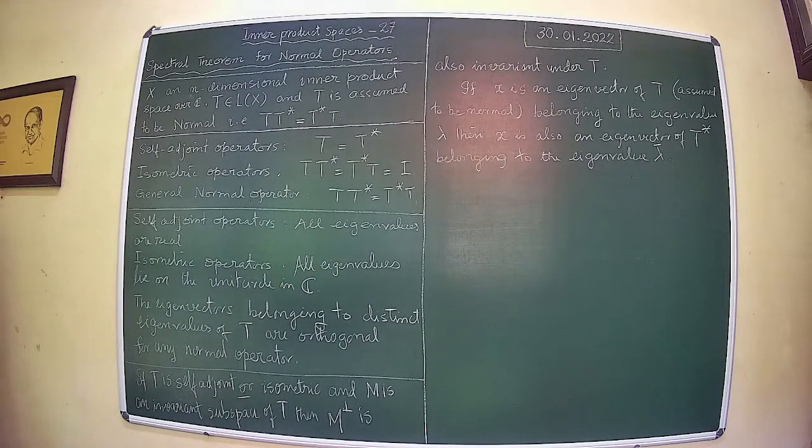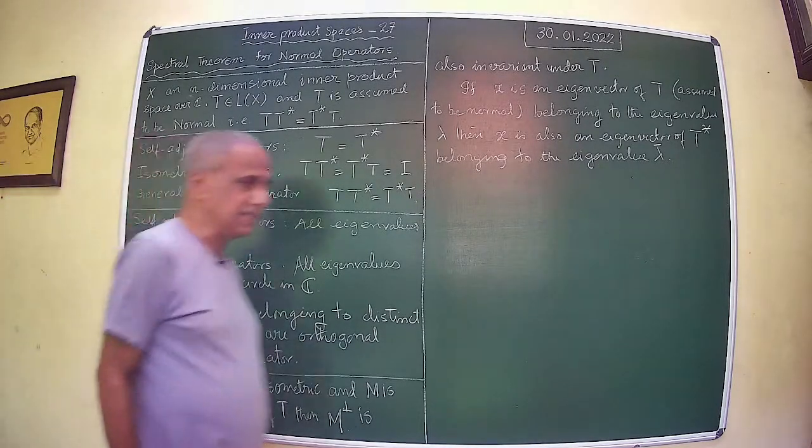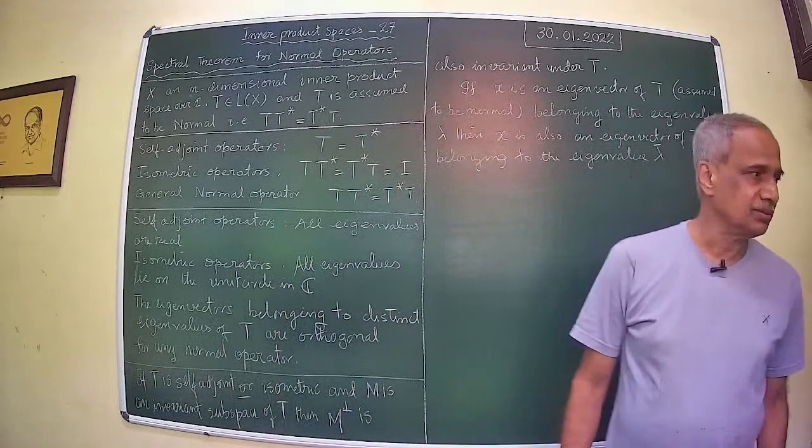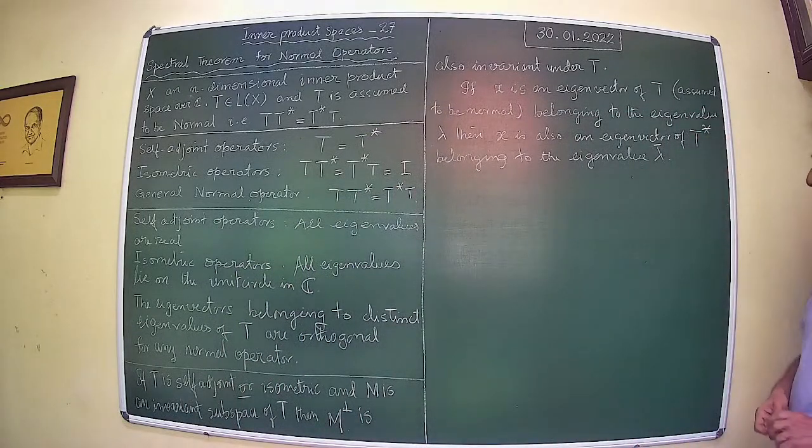In the case of T, it belongs to lambda. In the case of T star, it belongs to lambda conjugate. Now this is the interesting relationship.